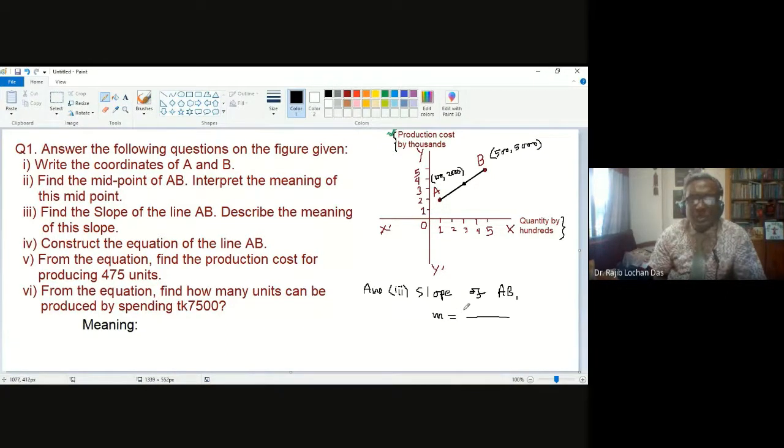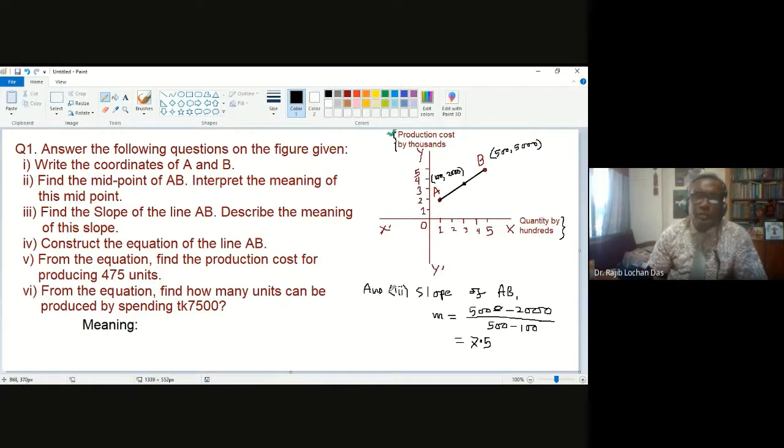So in this case, you will write 5,000 minus 2,000 divided by 500 minus 100. So that is the y difference divided by x difference. So it is 3,000 by 400. So it is 7.5. It is correct. So this is the slope.